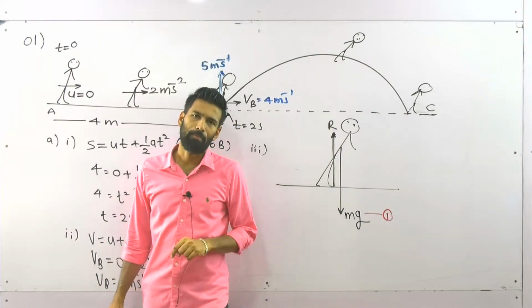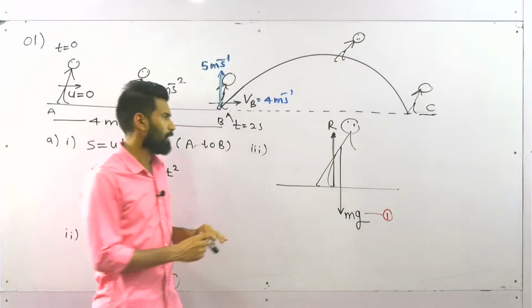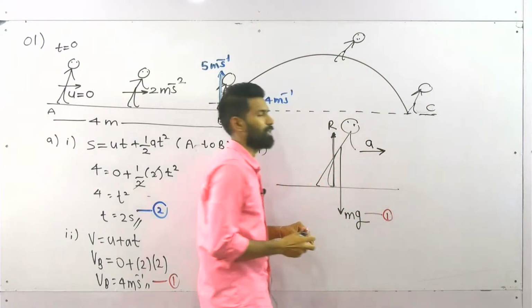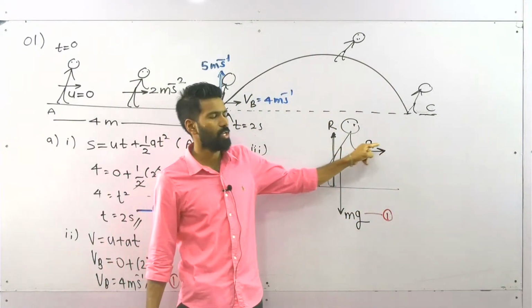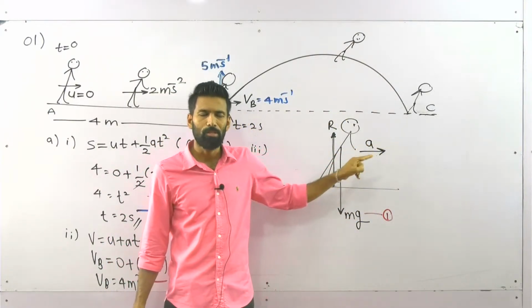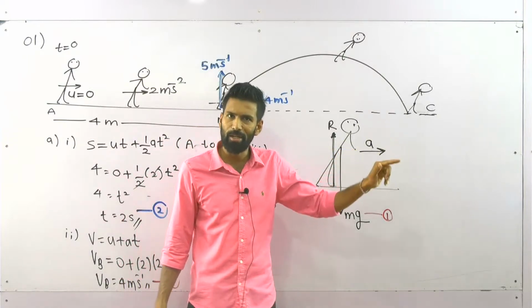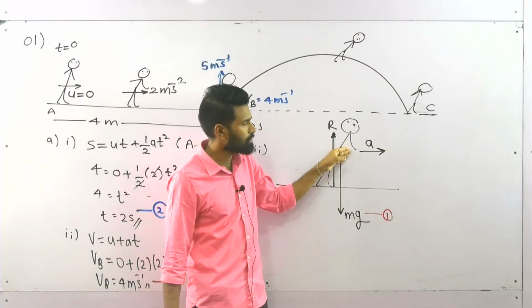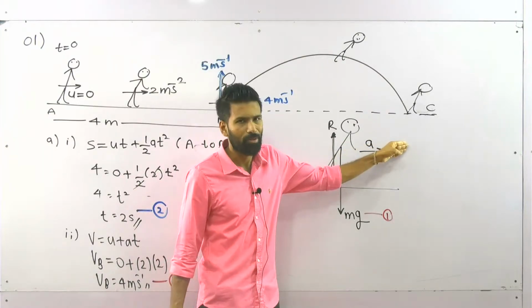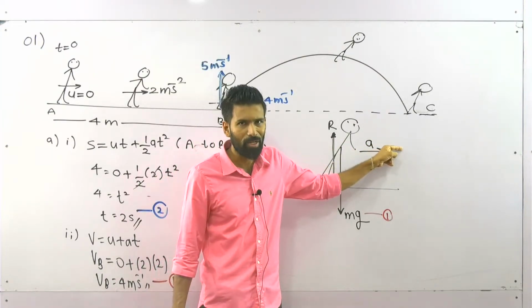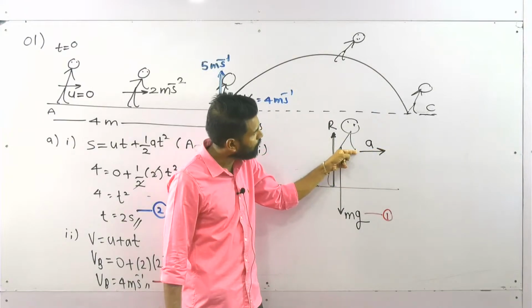And the next thing, now in the run, she gets an acceleration to the forward direction. So to get the acceleration to the forward direction, she needs an external force towards this direction.